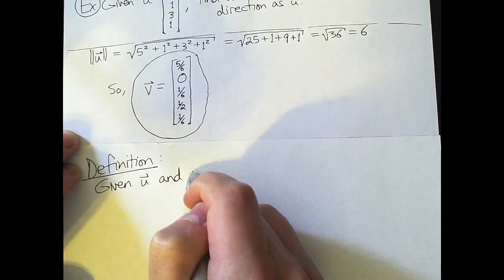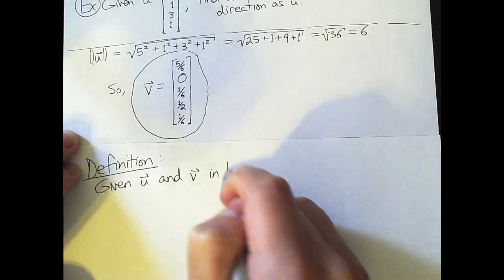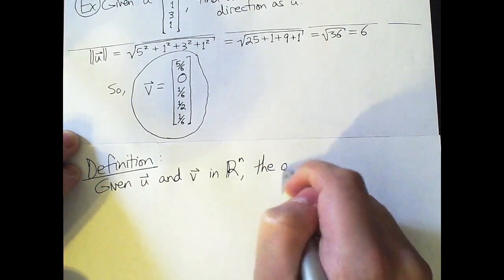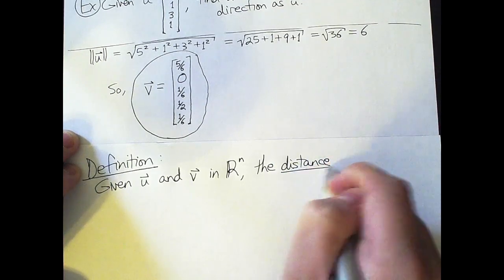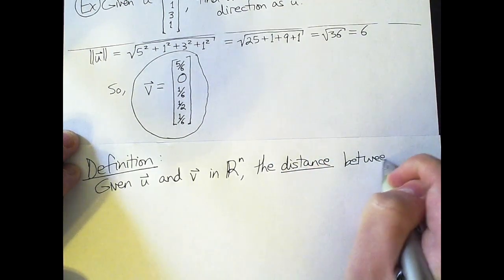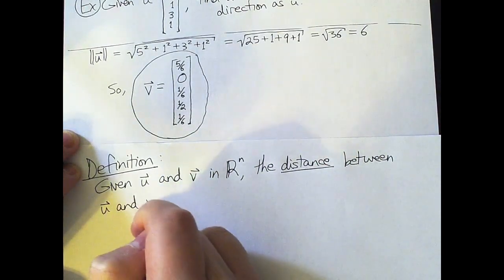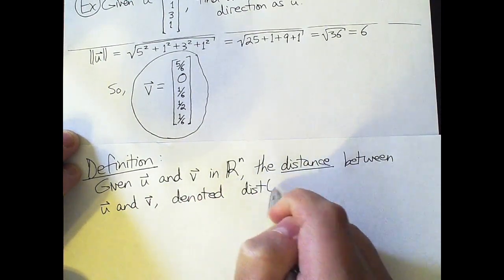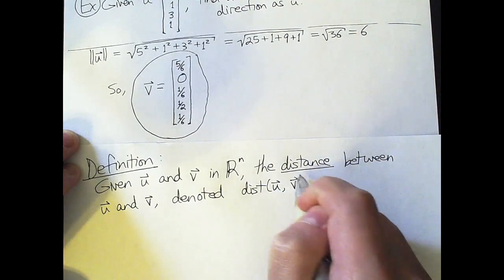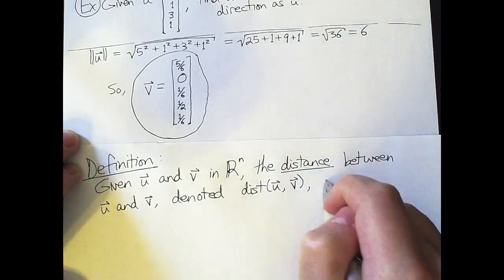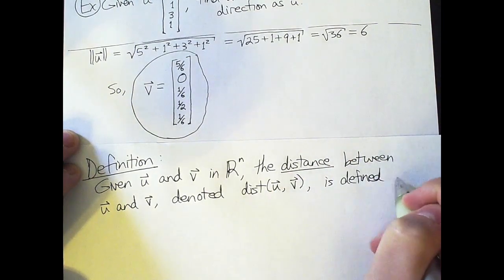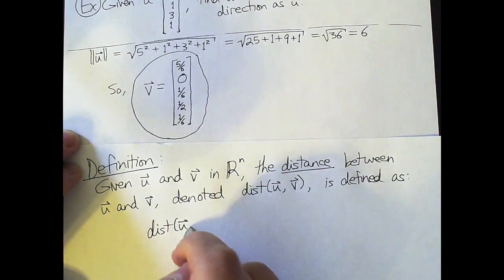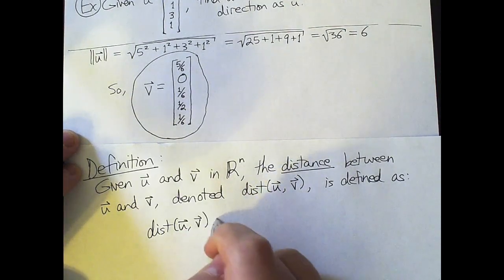So we're going to have a definition for distance between two vectors. Given a vector u and a vector v in Rn, the distance between u and v, denoted dist(u, v), is defined as follows.